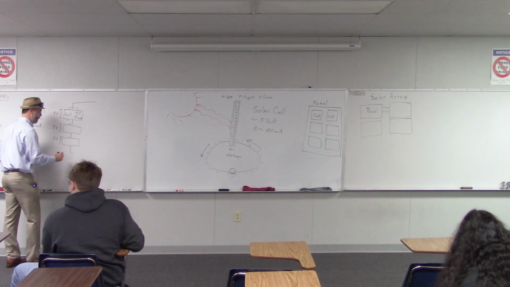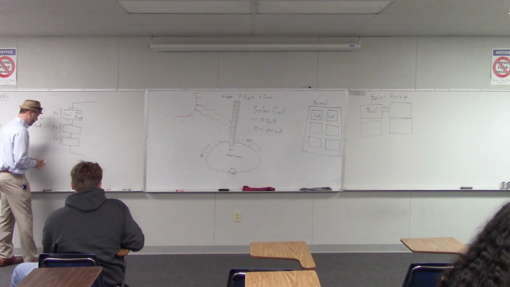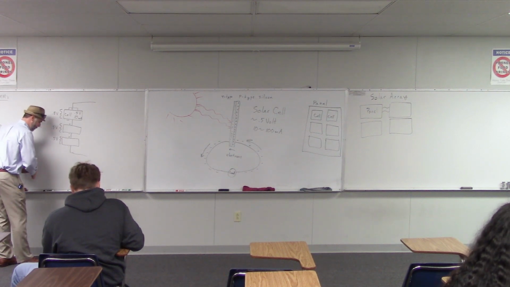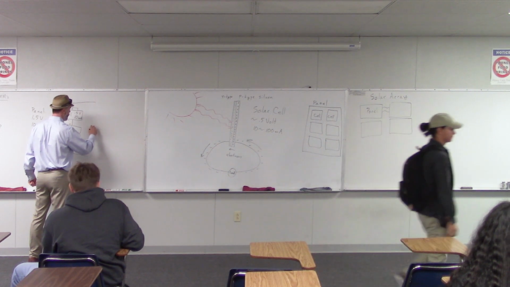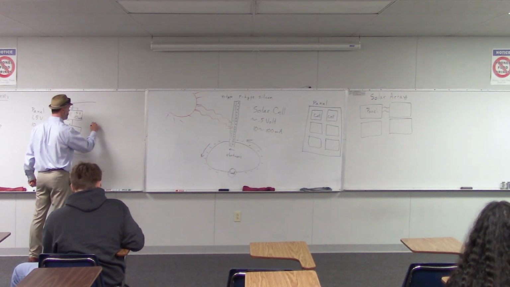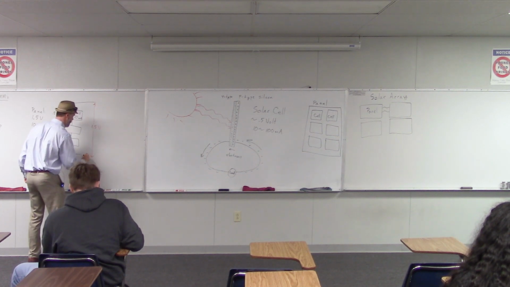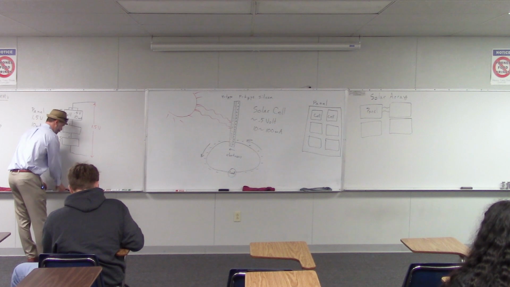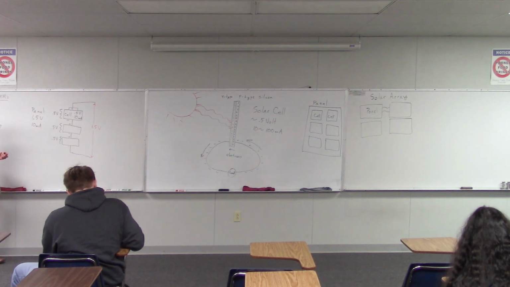So if we were to measure the voltage from the top here to the bottom, we would see that that is 1.5 volts from there to there. So that's how we get the voltage.